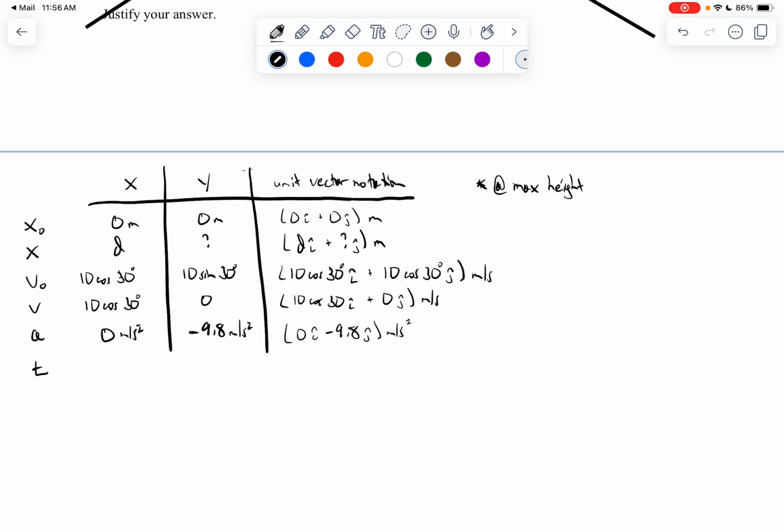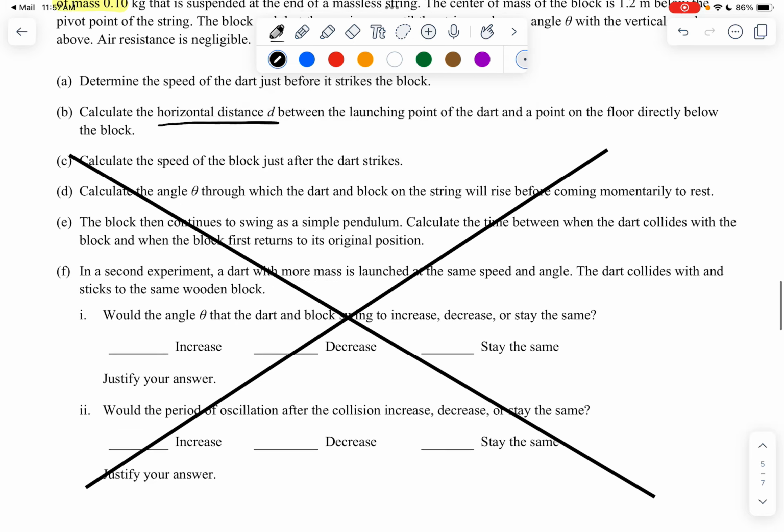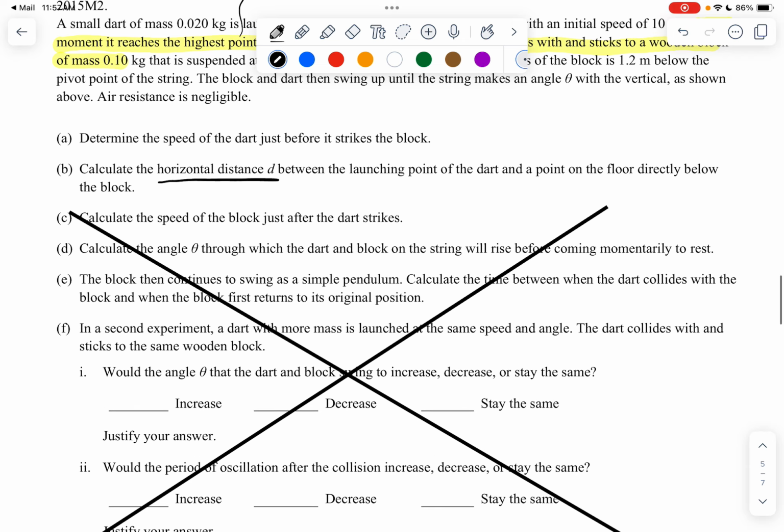And for right now, it is unknown how long it's going to take us to get there. And again, since time is scalar, there's not going to be any sort of vector notation for time. So now that we have our information organized, we're trying to figure out the speed just before we strike the block.